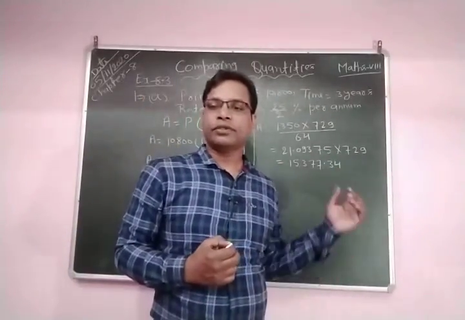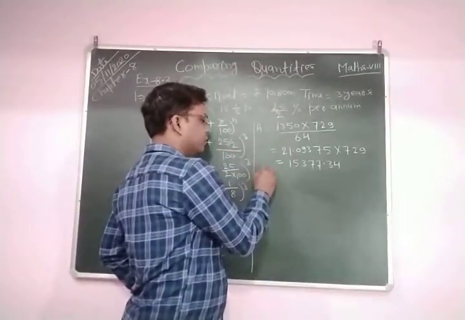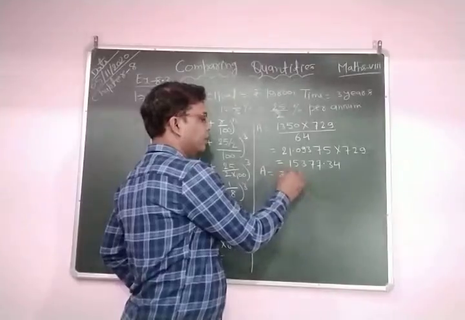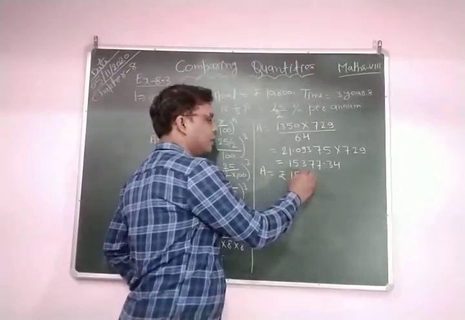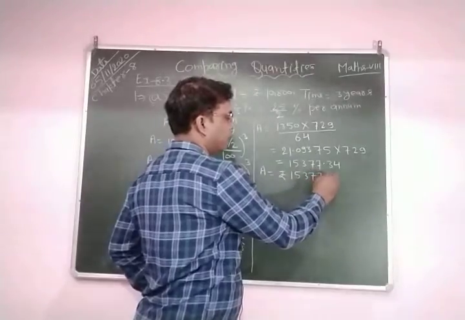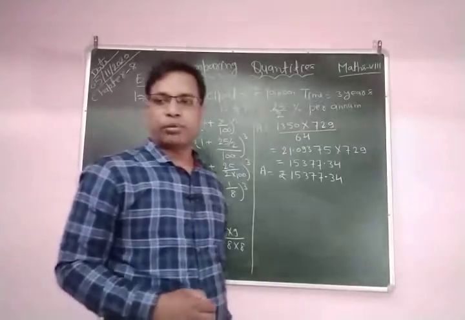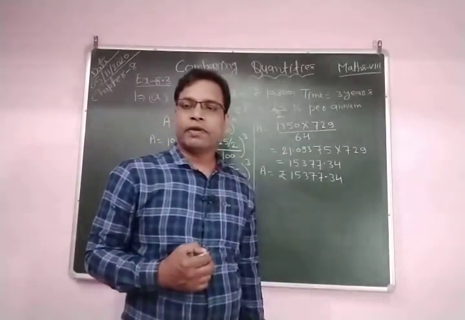Clear? So this is the amount. What is the amount? We find the amount is equal to rupees 15,377.34 approx.